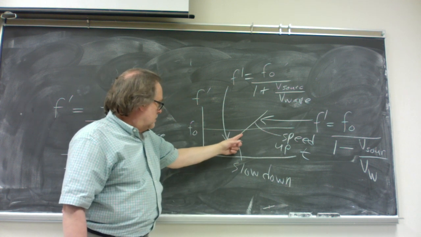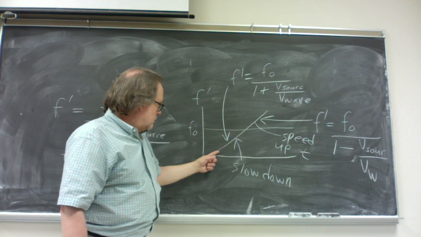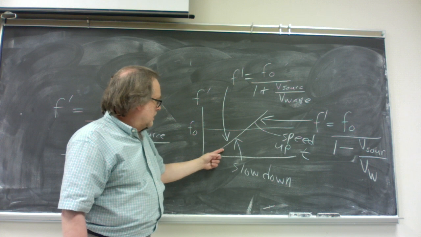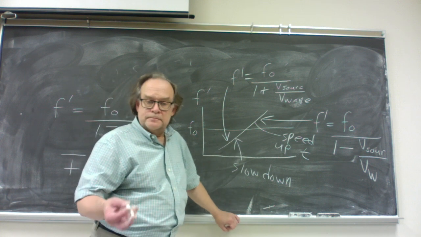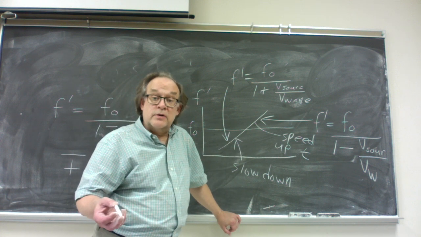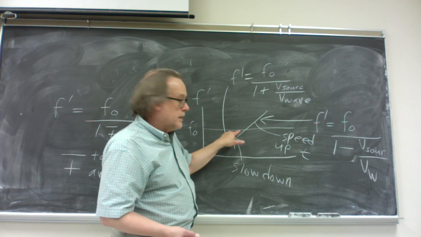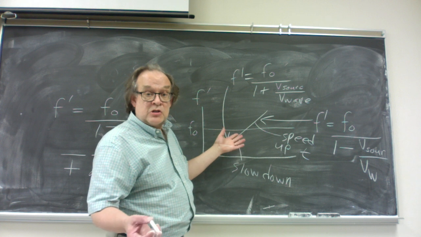And now as you slow down, remember, you slow down here, as you slow down, you get less and less of a Doppler effect. The difference between the frequency you hear and the actual frequency of the source is smaller and smaller.